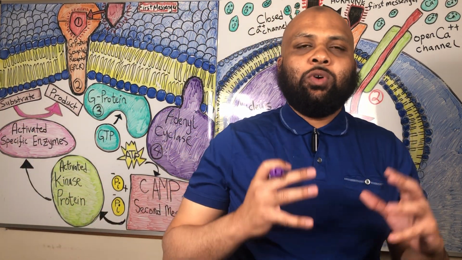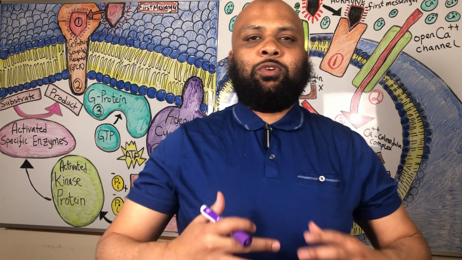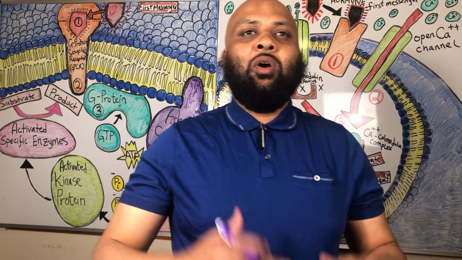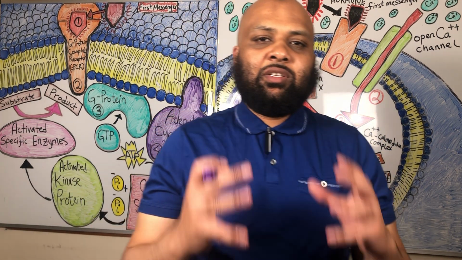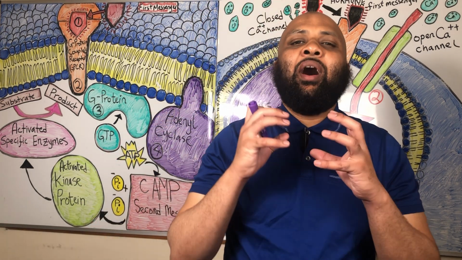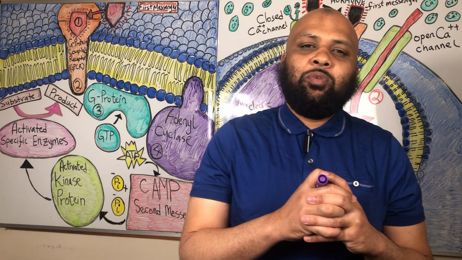So, we talked in the past about how, in order for a signal transduction pathway to manifest, we need a messenger, a chemical signal that must bind a receptor like a lock and key formation.